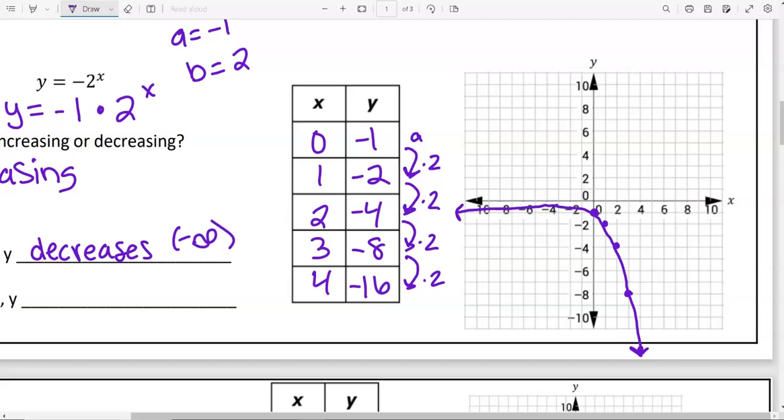But as x decreases, or the left side, where is y going? It's approaching 0. There we go. Approaches 0. So that negative gave us a reflection over the x-axis.